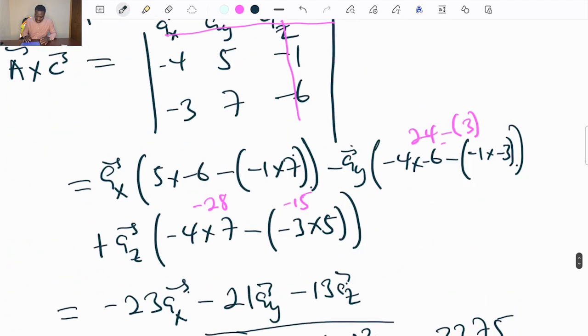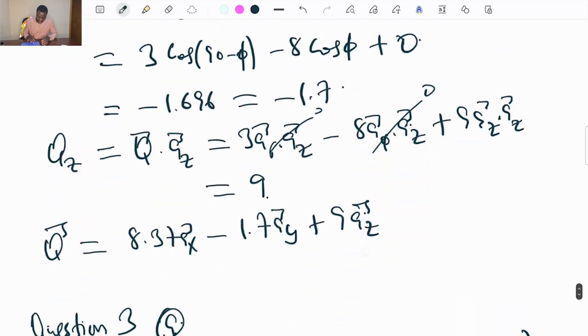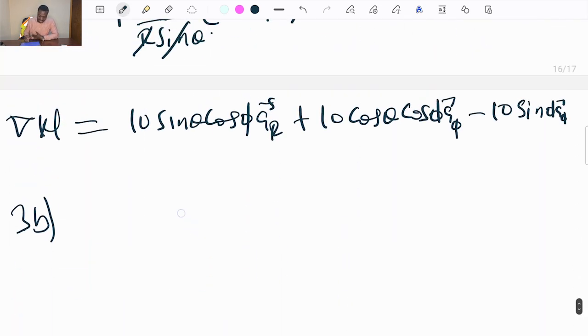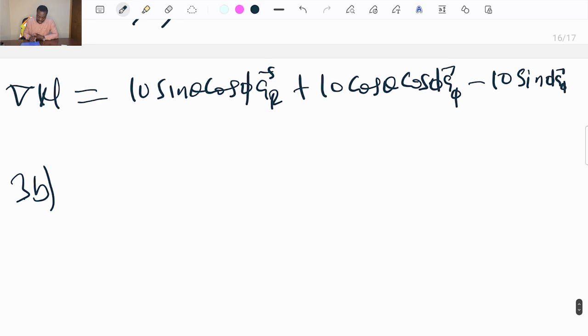We are to get the Laplacian. When we talk about the Laplacian of a function, it simply means we are going to find the divergence of the gradient of the function. So first you get the gradient, then you take the divergence of the gradient. That is what we refer to as the Laplacian.